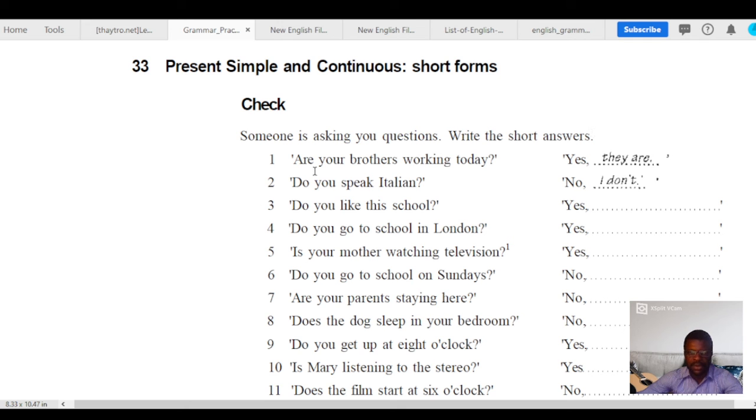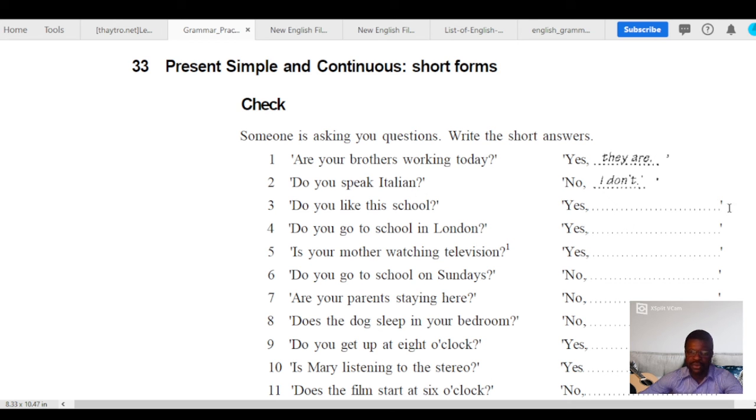For example, are your brothers working today? Yes, they are. Do you speak Italian? Someone asking you a question. You say, no, I don't. Do you like this school?